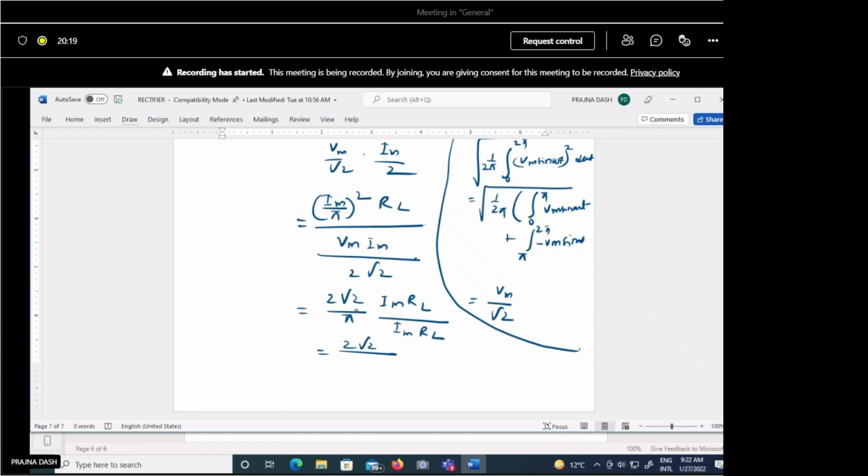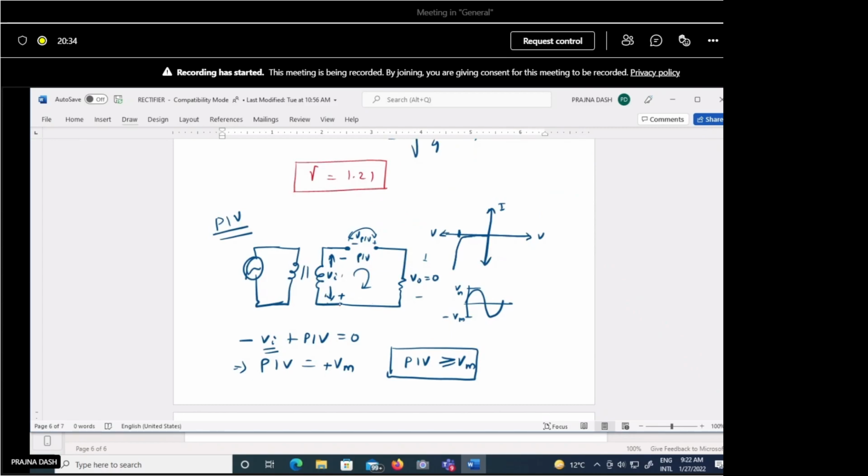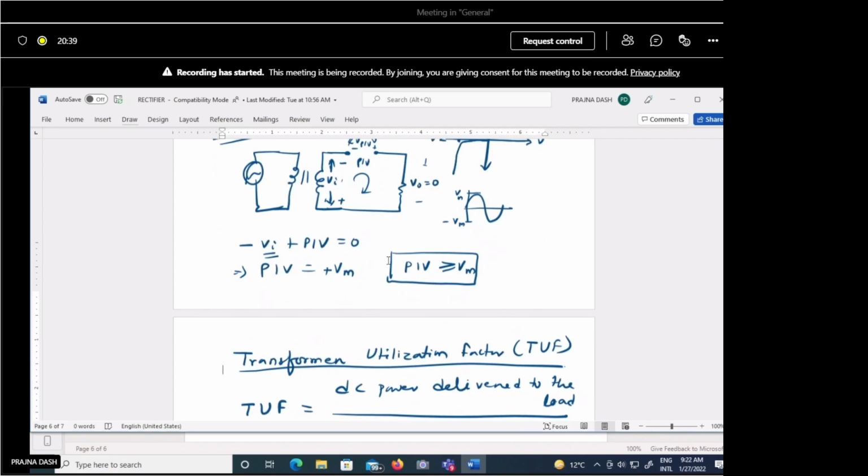In that equation, in the denominator, VRMS into IRMS, so IRMS is of the AC component. The current will be the same, the same current is flowing through this loop. There is no change in current.